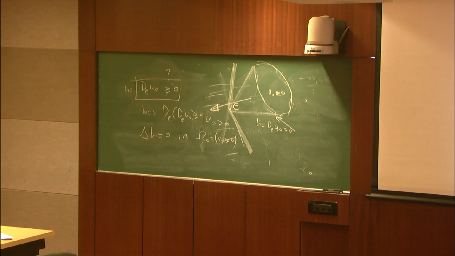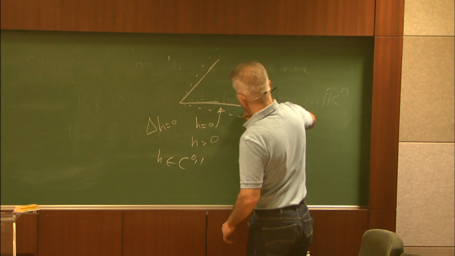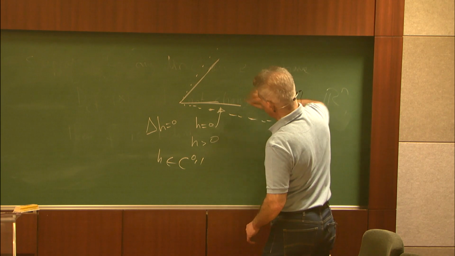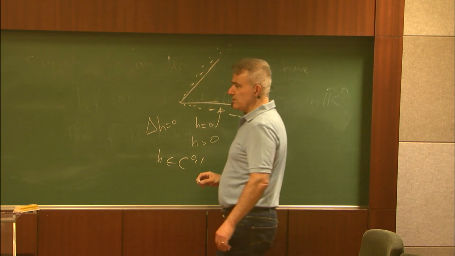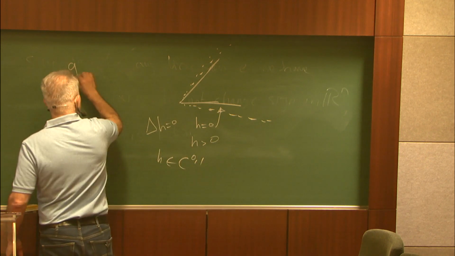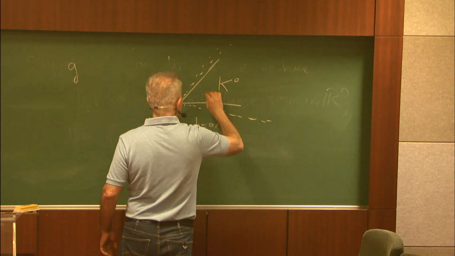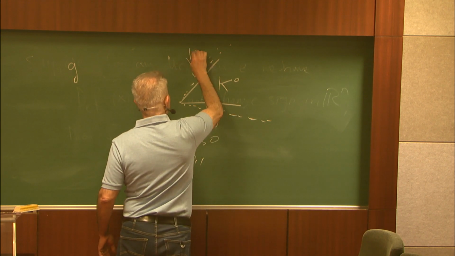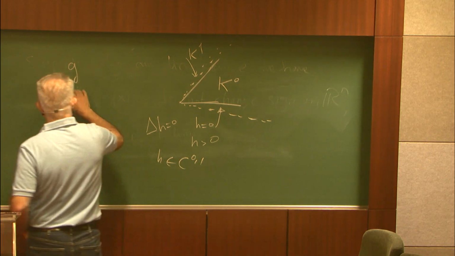Now what I can do is another play here. Since this is not completely a plane or a line, I can take a little bit, open it up a little bit. I can open it up a little bit, take another plane, I take a new function, g. So let's say this is my cone K0. I take a new cone, K1, open it up a little bit, and then define a new function g.